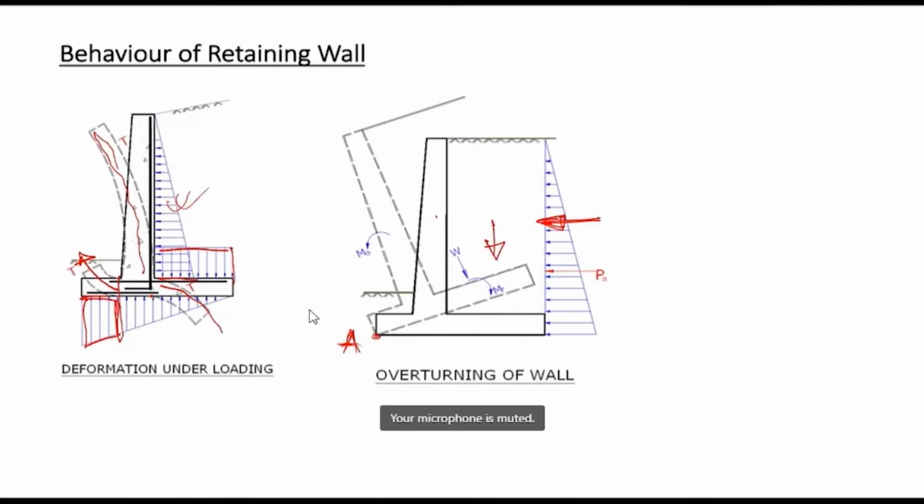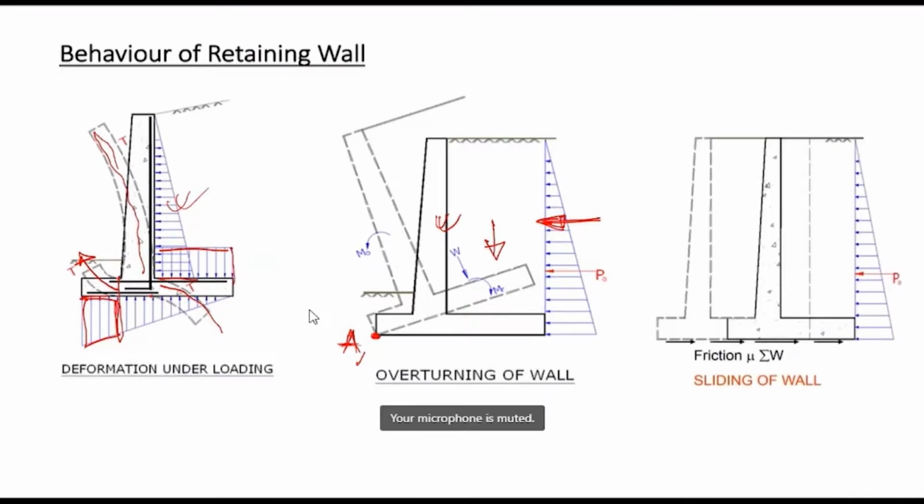So we will have to calculate the moment at this point A due to this active earth pressure, and due to the soil load over the heel slab and the overall weight of the retaining wall.